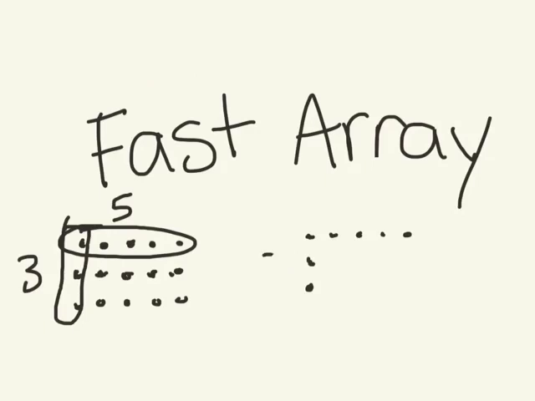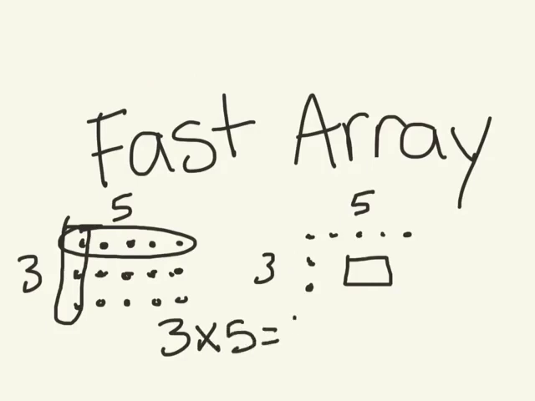And if I label 3 and 5, I'm going to put a box on the inside for that unknown. How many total dots would I have in my array? Now both of these have the same equation. 3 groups of 5 equals that unknown.